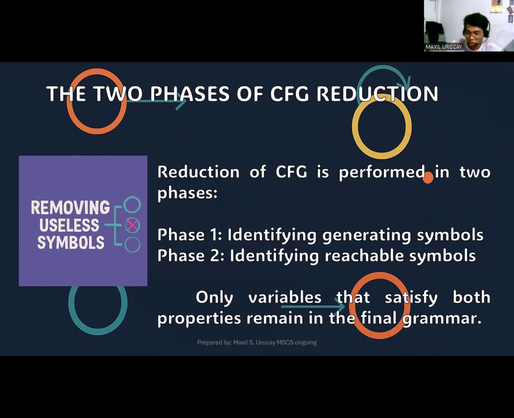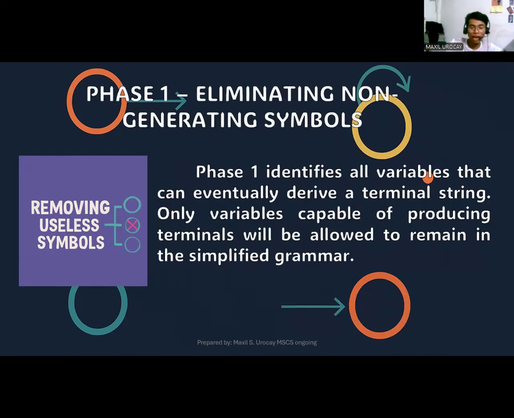For the first phase, we have to identify all the variables that can eventually derive a terminal string. When we say terminal string, those are the small letters which we cannot change to another symbol anymore.